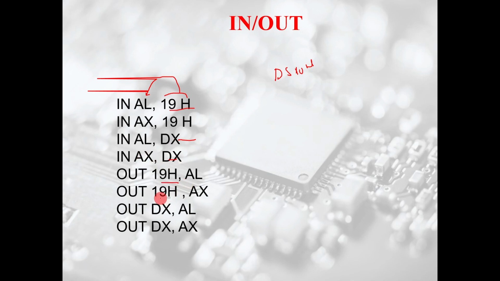Similarly for out, these are the port numbers given here, and here also you can give the out instructions. So from AL, this data will be pushed into these ports. So this is the way you can read and write data from the ports.